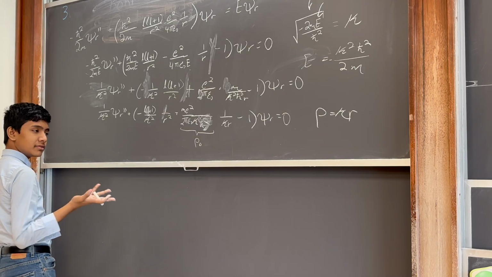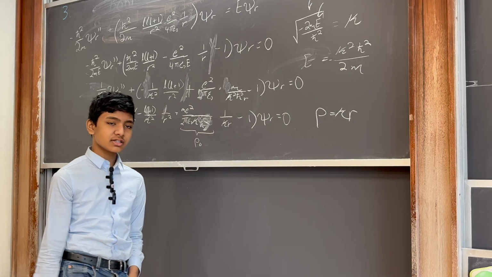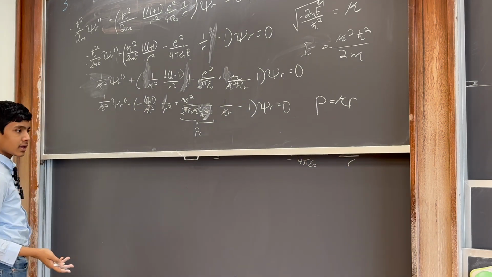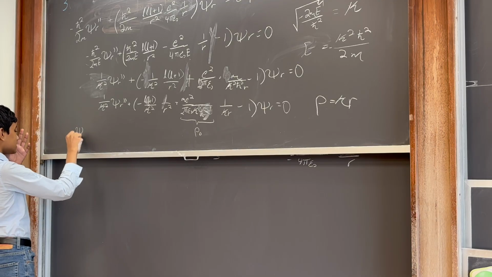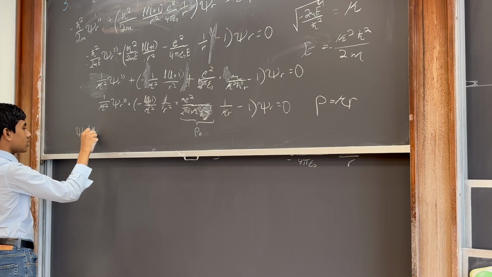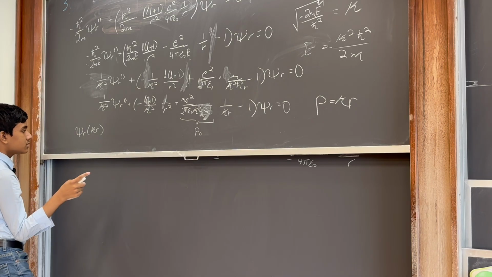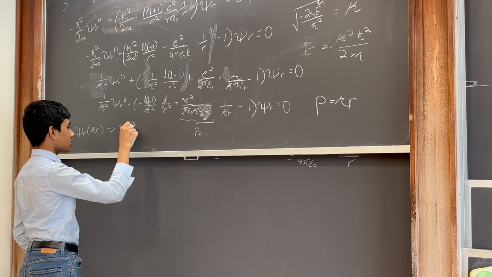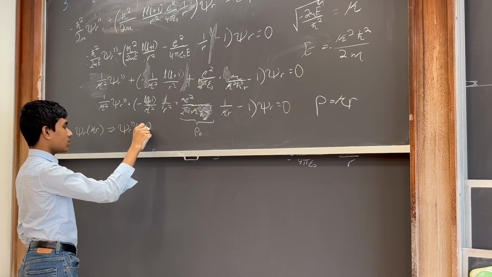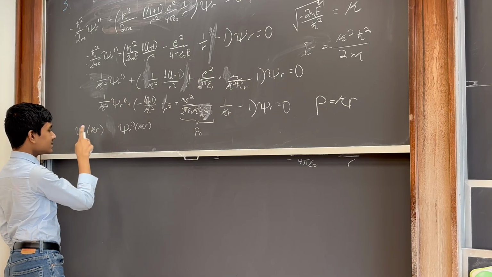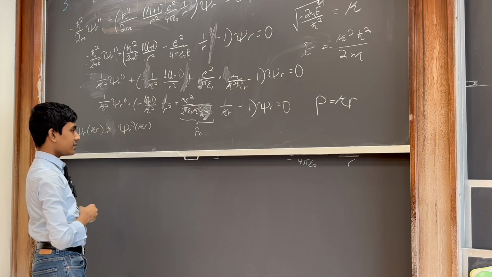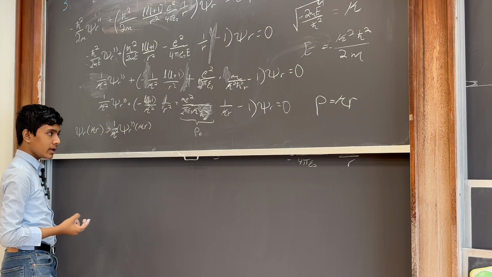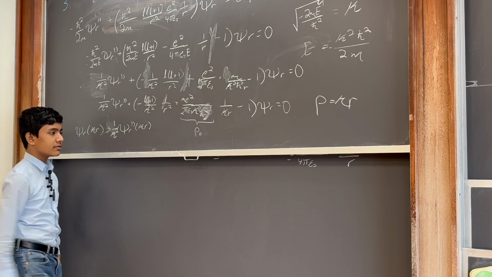Now, can we just try solving this using a simple power series of rho? Well, first let's substitute in rho for everything. So recall that psi r of kappa r, which is psi r of rho, if we take the double derivative of this with respect to rho, is actually going to be 1 over kappa squared multiplied by the derivative with respect to r.